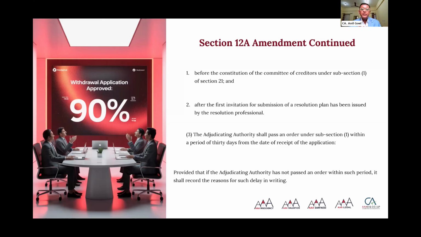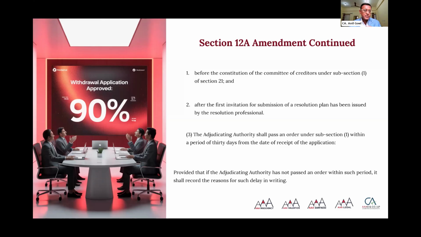Also, after the first invitation for submission of the resolution plan, when the expression of interest is invited for submission of resolution plan, after that it cannot be withdrawn. So the only period that we have for withdrawal is after the constitution of the committee and before the expression of interest is released or issued in the newspaper.